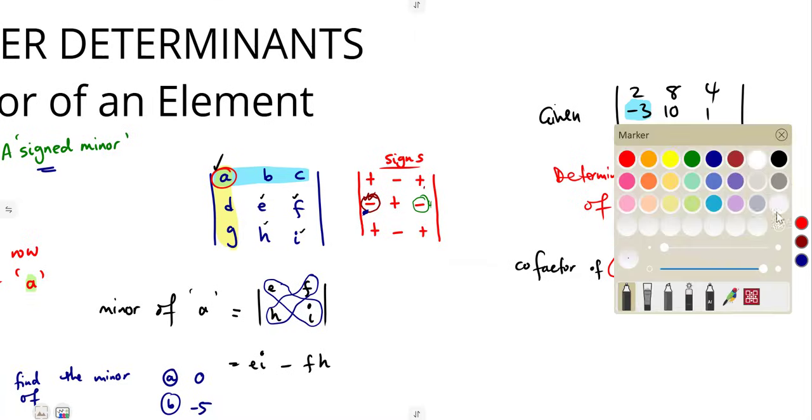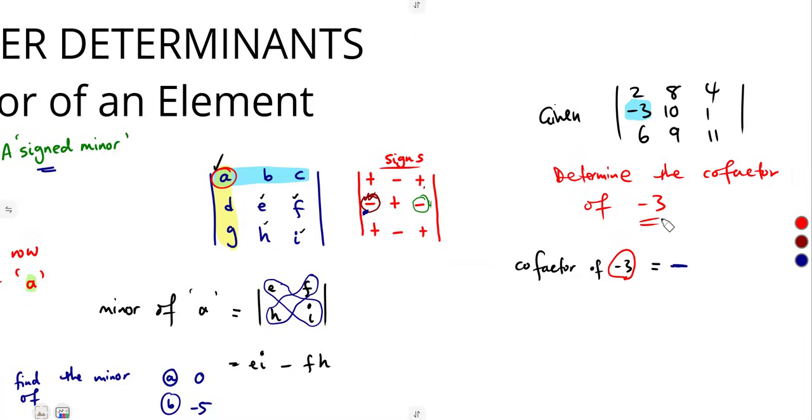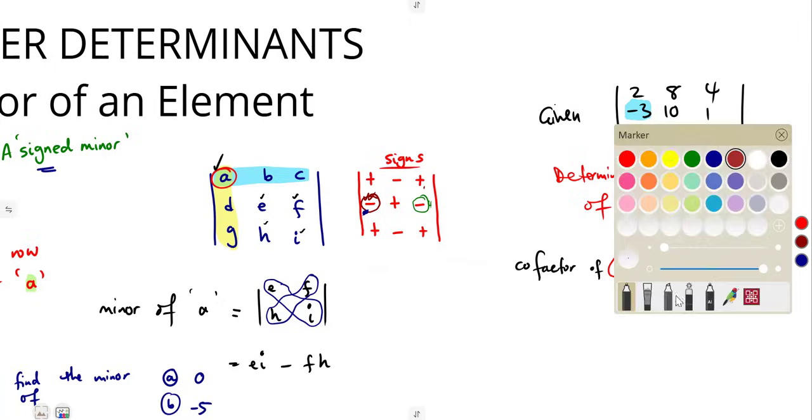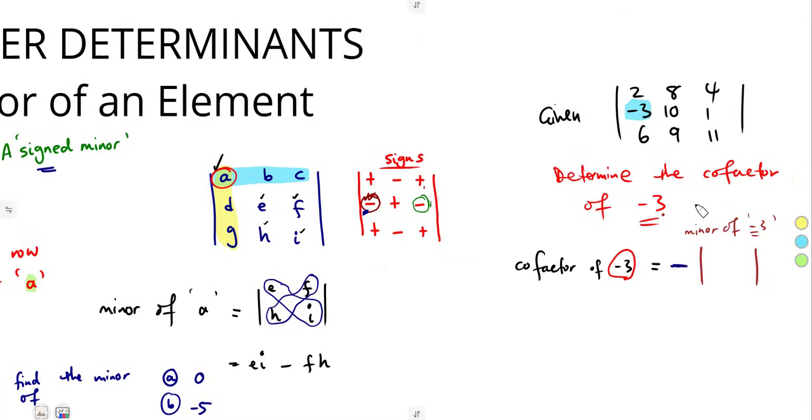Then determine the minor of what? Of negative 3. Because we are saying it's a signed minor, we must determine the minor of negative 3. So how do you determine the minor? That's where you go back to our previous class. The minor is determined by closing the row and the column where that element is, where minus 3 is.